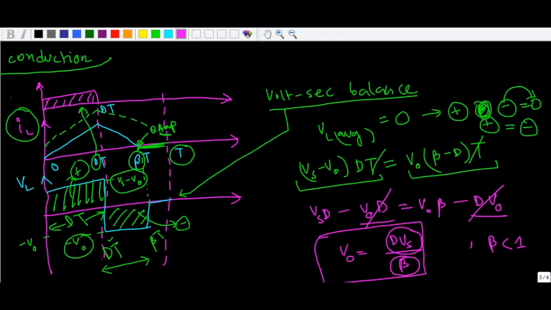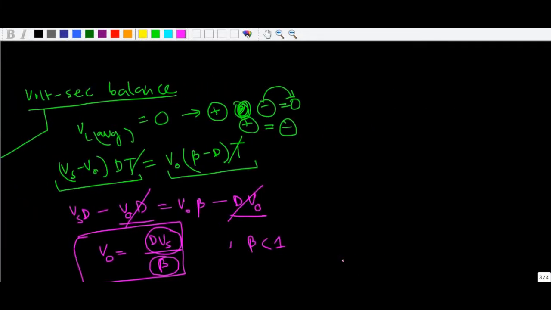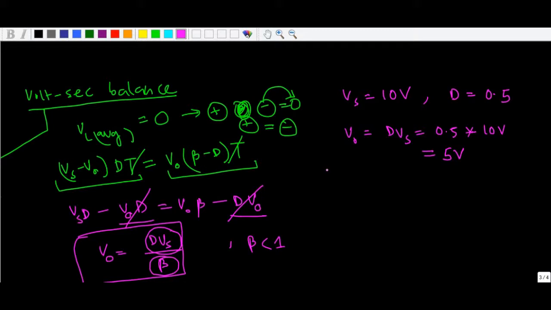Let me explain this more here. Suppose we have Vs equal to 10 volt and we have a duty cycle of the switch equal to 0.5 or 50%, then we expect output voltage to be D times Vs, that is 0.5 times 10 volt, that is 5 volt. Now if the circuit is operating under discontinuous conduction mode, and let's assume that we have beta equal to 0.8, which is more than the duty cycle, that is 0.5, but less than 1.